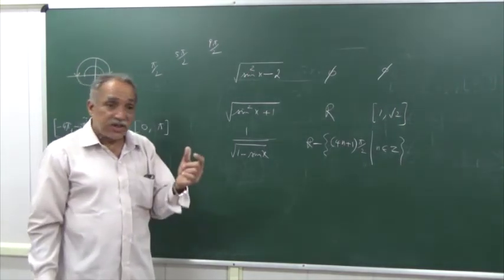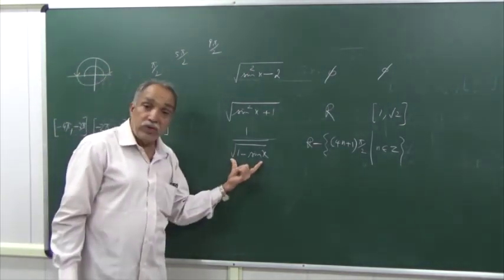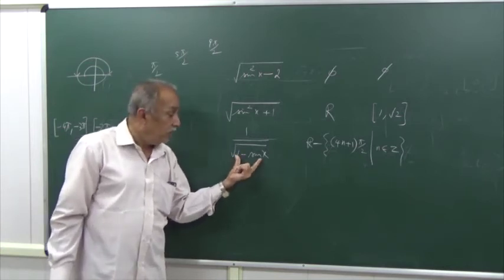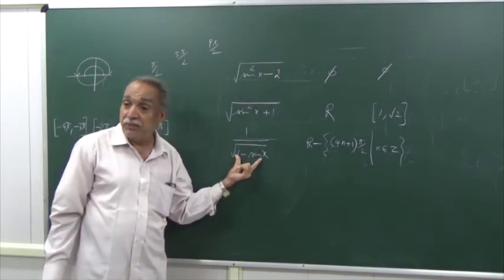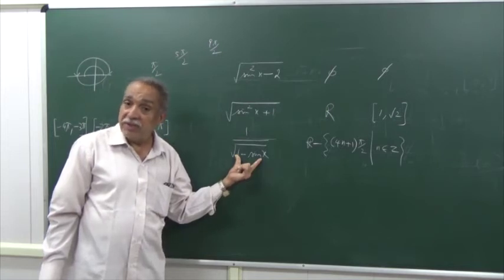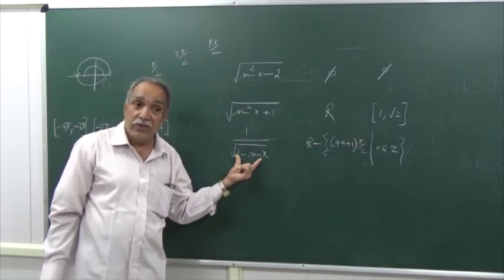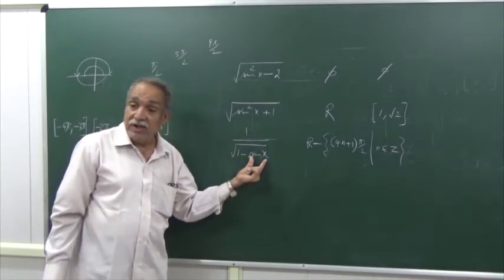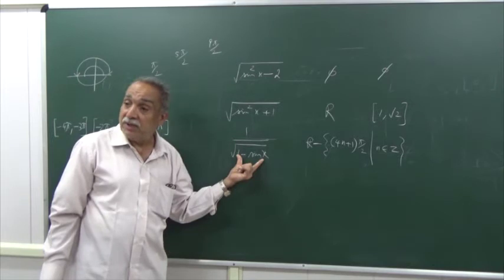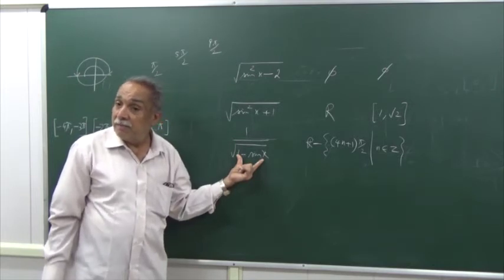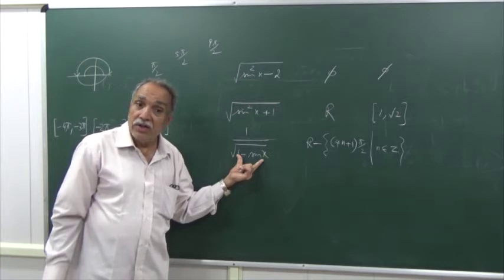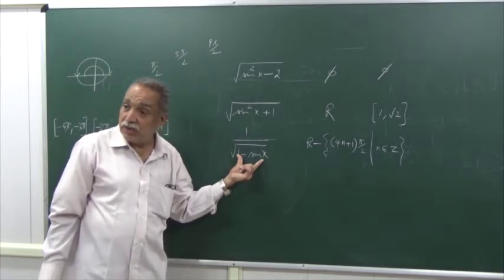What is the set of points where this root is not obtainable? Root is not obtainable if 1 minus sin x becomes negative. Is there any point where 1 minus sin x becomes negative? Sin x always lies between minus 1 and 1, so 1 minus sin x will be lying between 0 and 2, is it not?